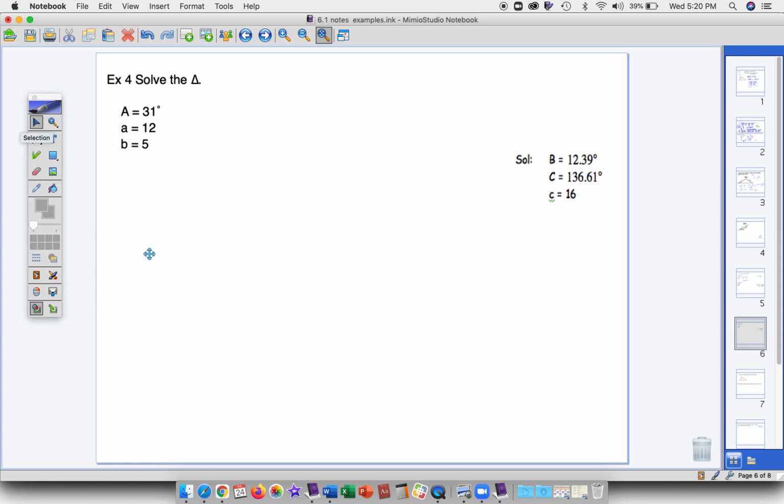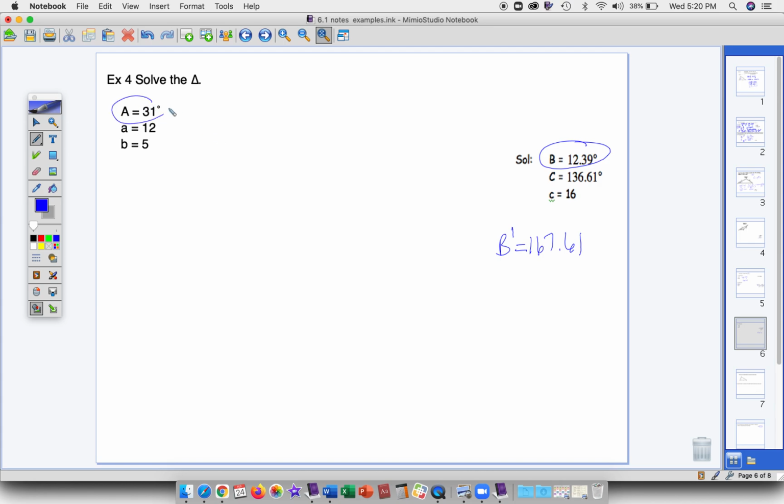Okay, for this one, there's only 1 triangle. The first angle I solve for is angle B. That ends up equaling 12.39. When I look at the supplement of B, the supplement of B is 180 minus 12.39. Hopefully you checked for that. So we'd say B prime is equal to 167.61.